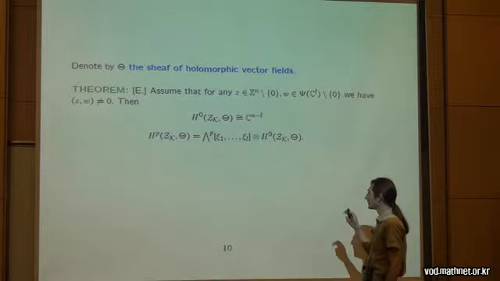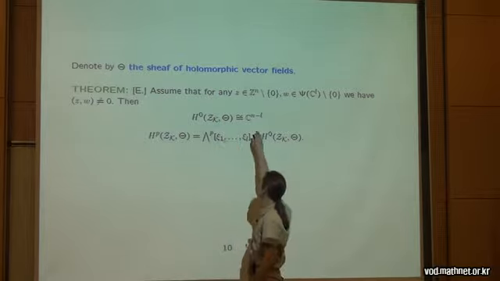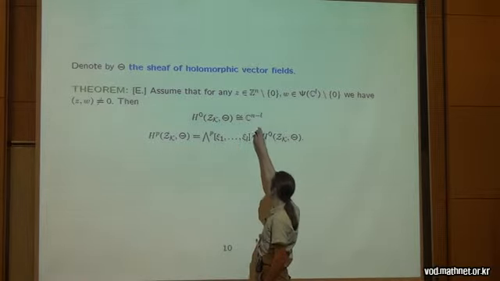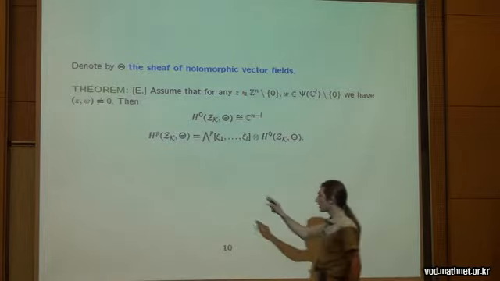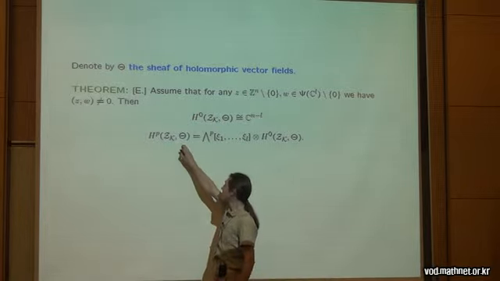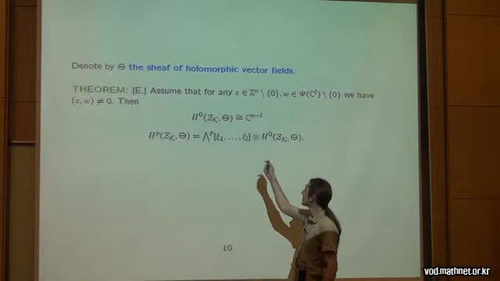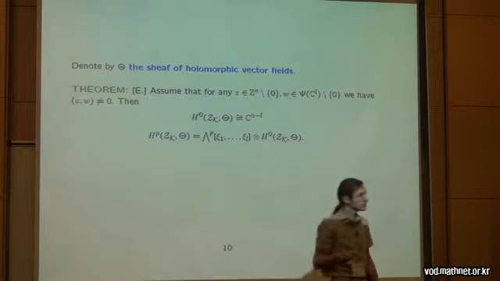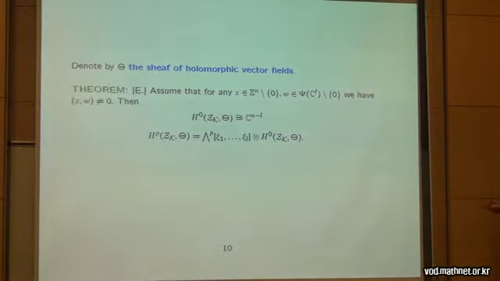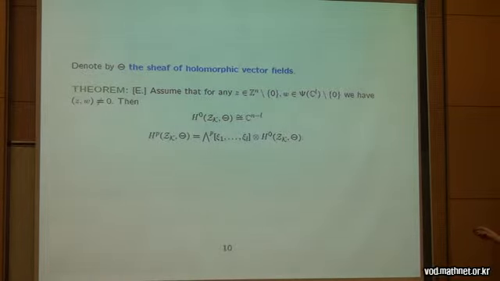First of all, the space of holomorphic vector fields over Z_K is just isomorphic to C^{n-l}. And the second result, the higher cohomology groups of the sheaf of holomorphic vector fields are isomorphic to this one. So here we don't need any cohomological computation, while there we need to compute some cohomologies actually. But here we have this.